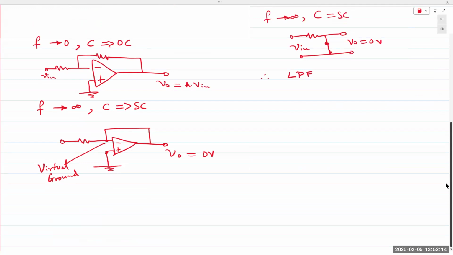So in terms of frequency of operation, at high frequencies, V out goes towards 0. At low frequencies, V out is an amplified factor of V in. Hence, this works as an active low-pass filter.